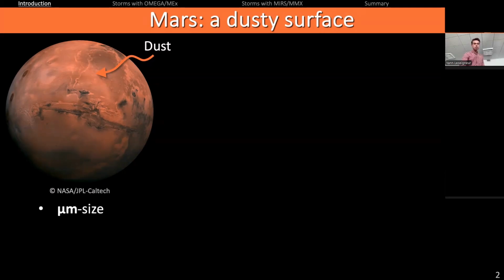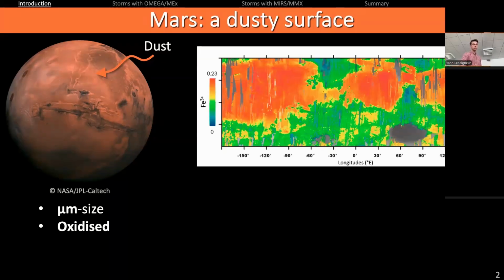And this dust is composed of mineral micrometer-size particles. These particles are oxidized, as you can see on this global map of the Martian surface. The orange part of the surface is where the dust is thick on the surface.